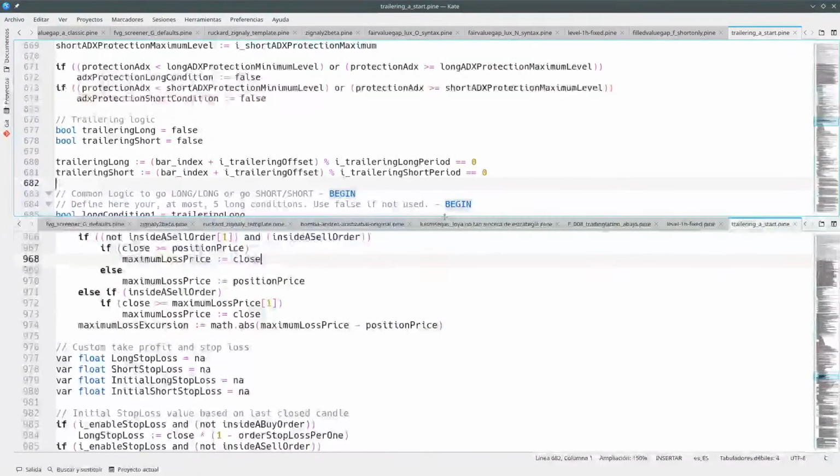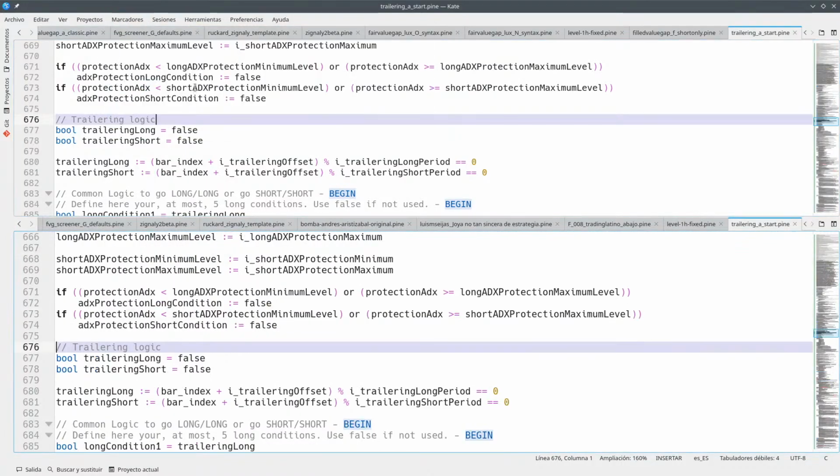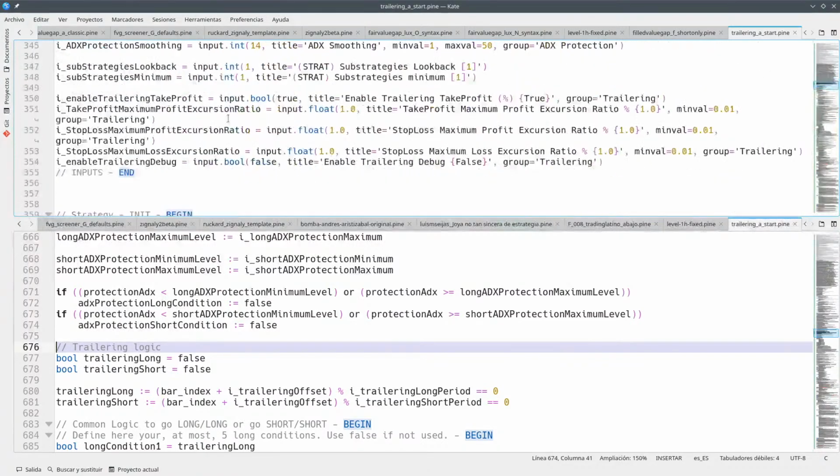So this should be trailing logic. Up here we should have these settings, which is... what is this? These are integers, isn't it? Yeah.